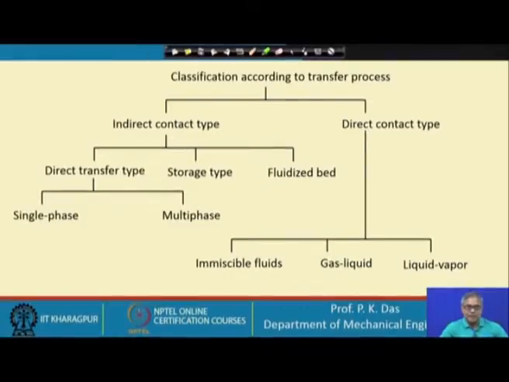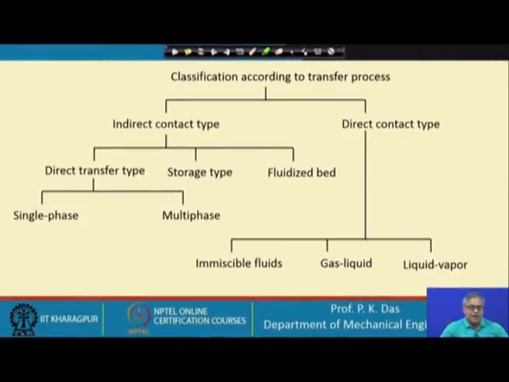Here we can see that the fluids can come in direct contact with each other, which we call direct contact type, or the fluids may not come in direct contact. In between there could be some other medium, be it a solid, a flowing liquid, a phase change medium, or solid particulates. Whatever it may be, that is indirect contact.